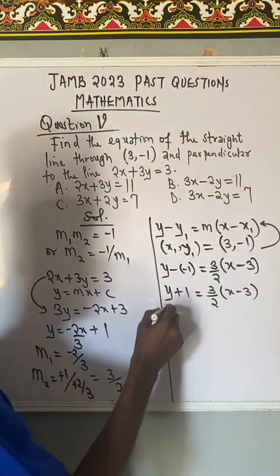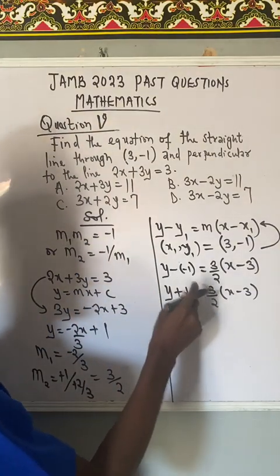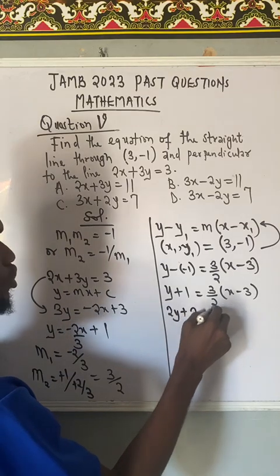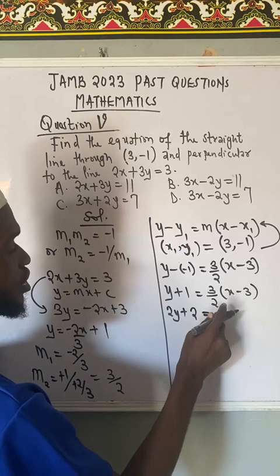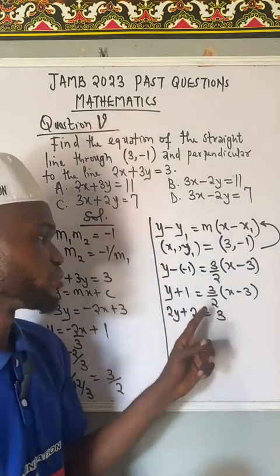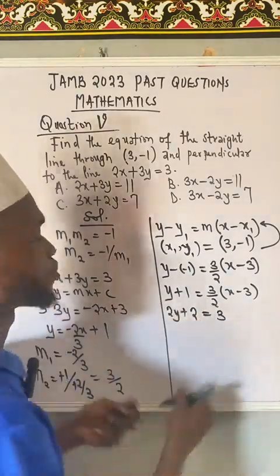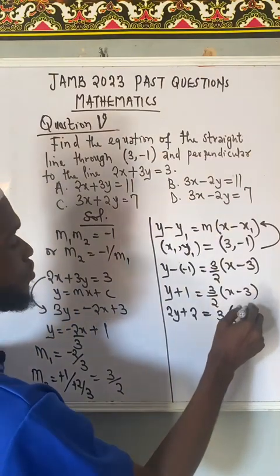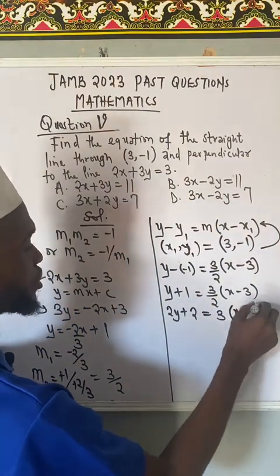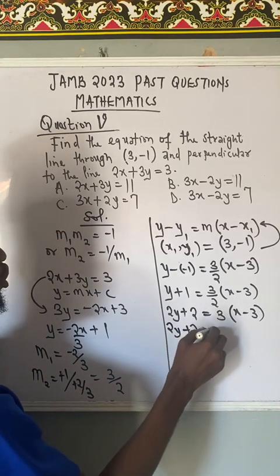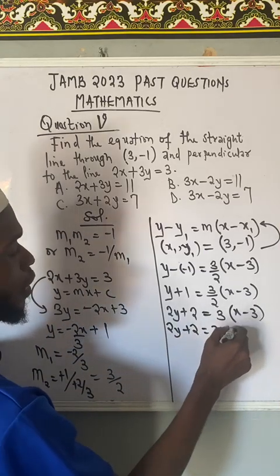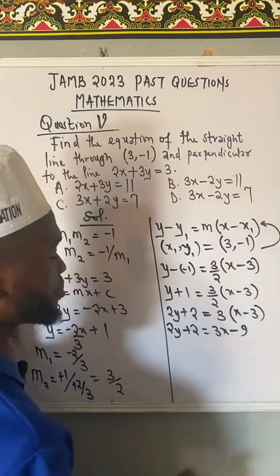Multiply y by 2, you have 2y, plus multiply 1 by 2, you have 2, equal to multiply this fraction by 2, you have 3. We cancel 2, because 2 times 3 over 2, we cancel the 2. So we have no more fractions here, x minus 3. Now let's open this bracket. We have 2y plus 2 equal to 3x minus 9 by opening bracket.